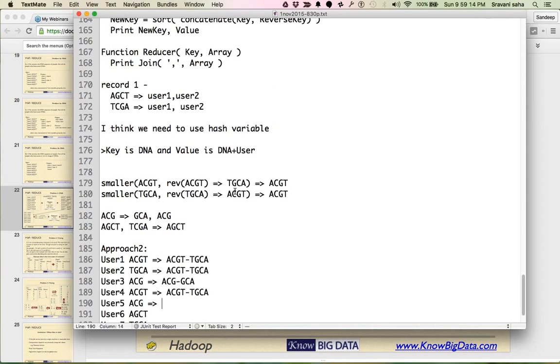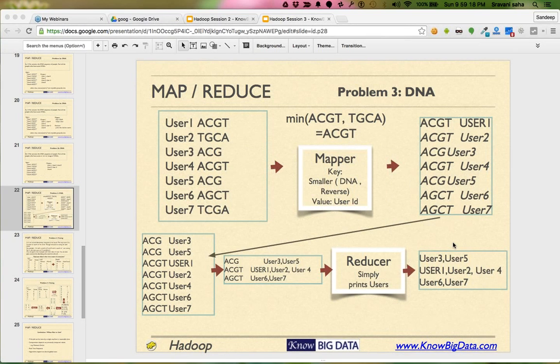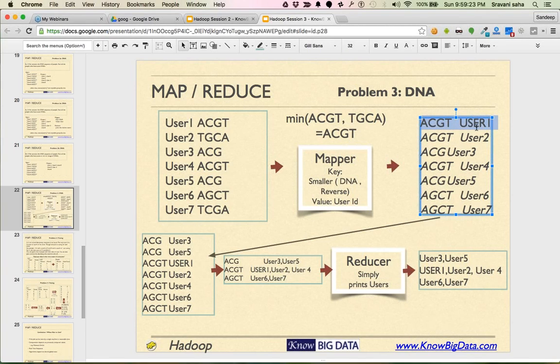In approach one, how will the reducer know that ACGT is user one and user two? We don't need to know the DNA in the output. We just need to bring the users together. If you want to keep track of the original DNA, you can mark it with a flag like 0 or 1, whether the key was reversed or the actual.